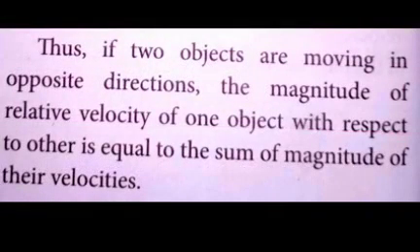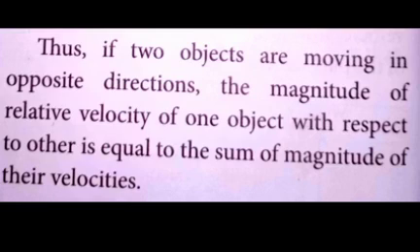Now coming to the conclusion: if two objects are moving with different velocities in opposite directions, the magnitude of the relative velocity of one object with respect to another is equal to the sum of the magnitudes of the two velocities, which means you have to add the two velocities.